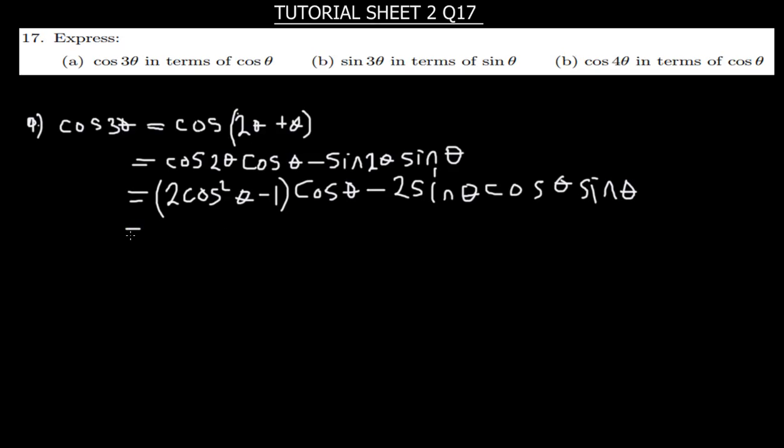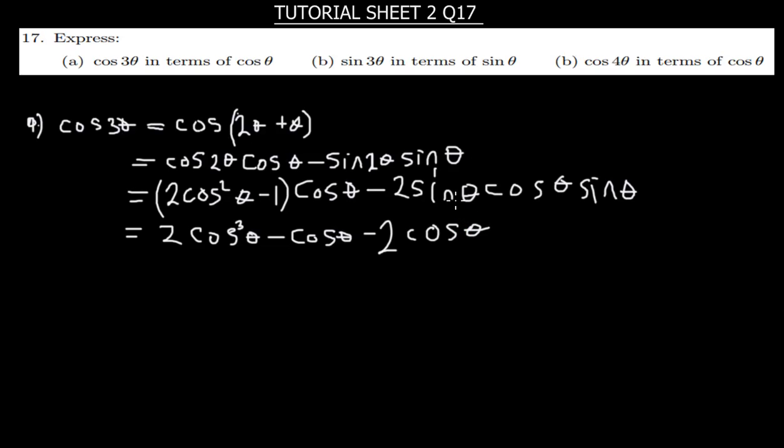So now you multiply this cos times everything in brackets there, you get your 2 cos cubed theta, and then minus cos theta times negative 1, you get your negative cos theta, and then minus, you write your 2 there. We have cos theta here, I'll keep it because I've been told to express this in terms of cos theta.